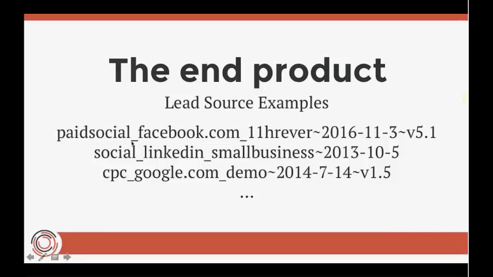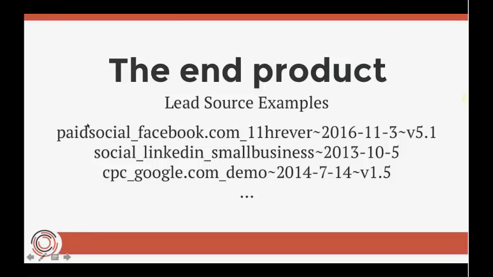Now, the reason why, and Garrod asked me this the other day, the reason why we use underscores is because we basically wanted to use MySQL, and if you don't know MySQL, that's okay, to break up. Once we put them together in the lead source and looked at them like this, we also wanted to be able to break them up and report on specific aspects of it.